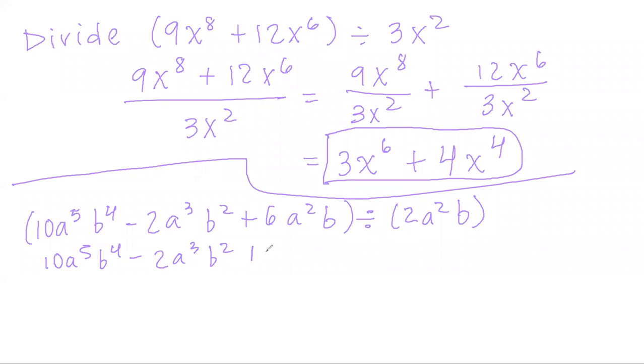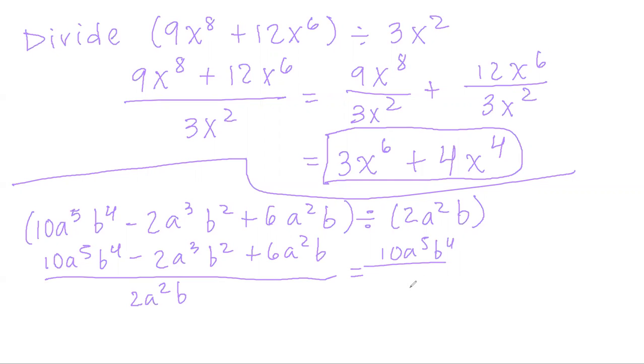Perhaps I should have given myself a bit more room, but that's okay. It's the same thing as saying 10a to the 5th b to the 4th over 2a squared b, minus 2a cubed b squared over 2a squared b, and then plus 6a squared over 2a squared b.